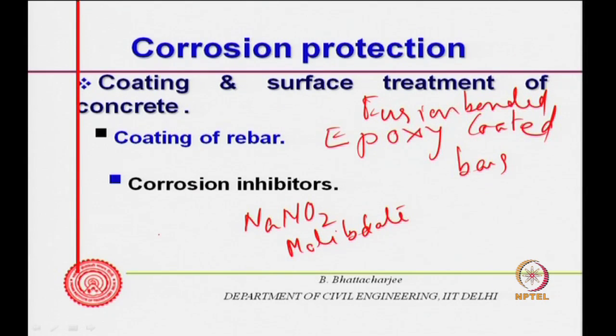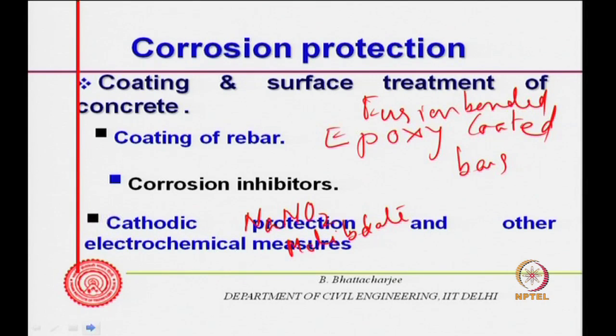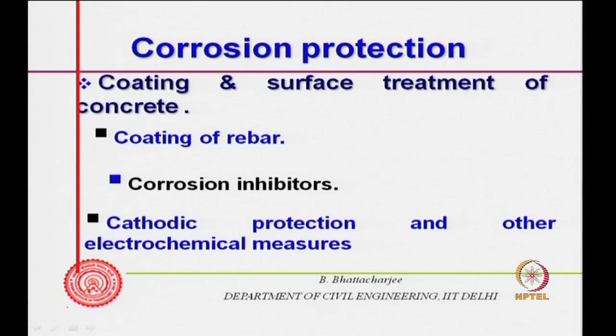There are many things yet to be proven, but you can have something called cathodic protection, where you apply current from outside to oppose the corrosion current. That could be an impressed current system or a sacrificial anode.